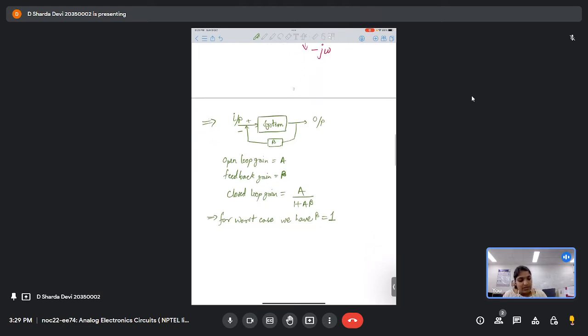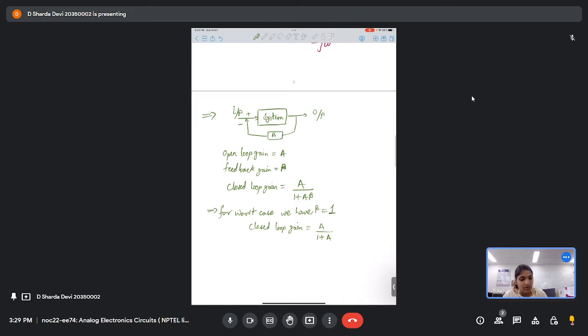So when this is the case, our closed loop gain will become A over 1 plus A.